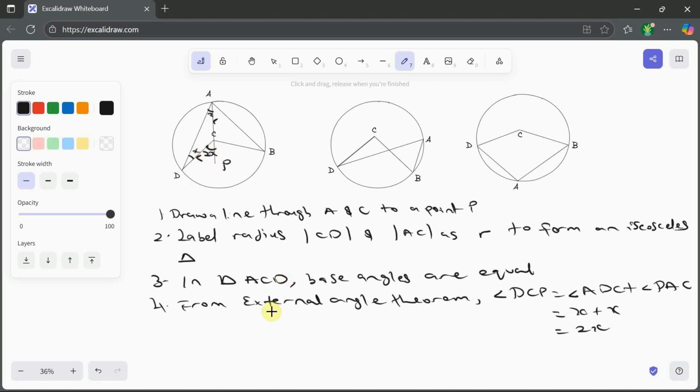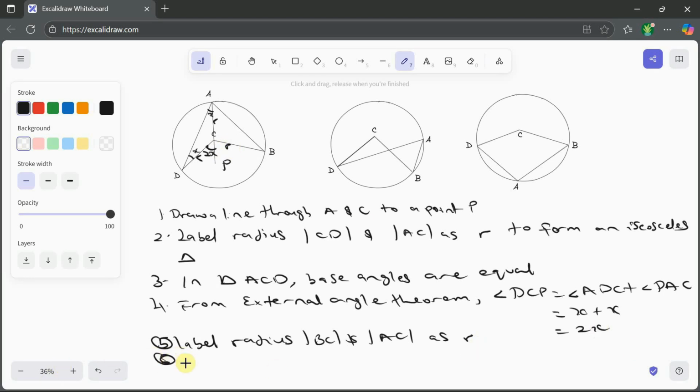Great. Also, this guy is a radius, this guy is a radius, so I'll label radius BC and radius AC as R. So AC is R, BC is also R. So that's also an isosceles triangle.